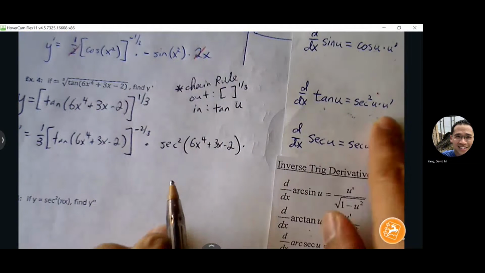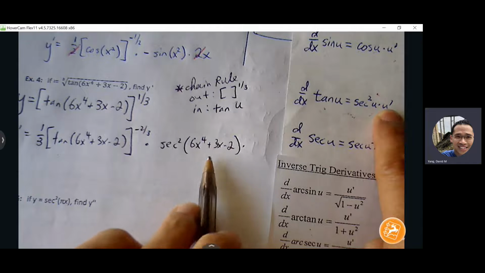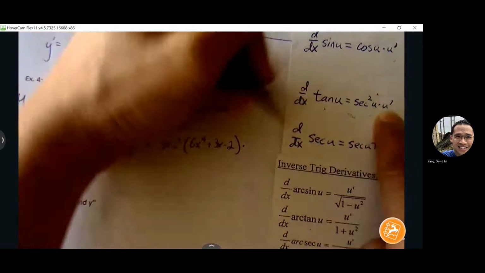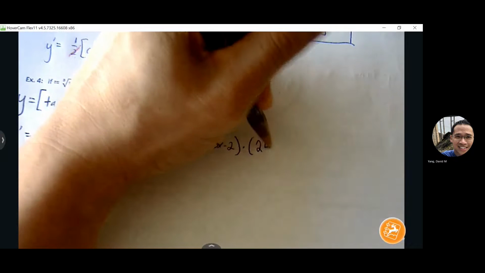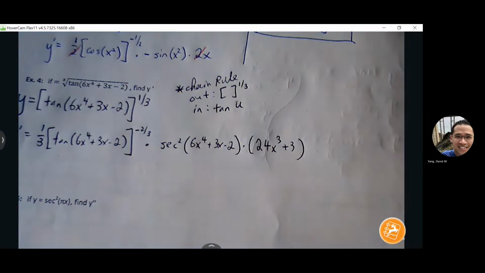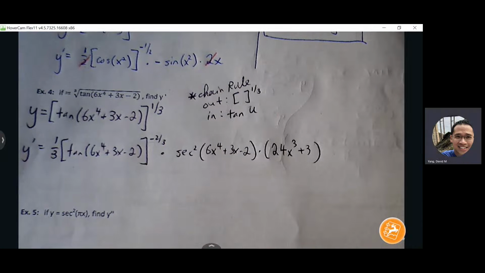Times u prime. Good. Whatever's inside the parentheses, we take its derivative. So 24x cubed plus 3. Okay, everybody okay with that?